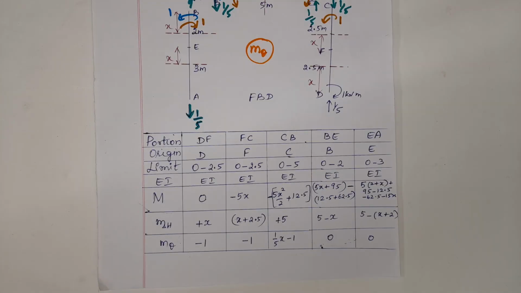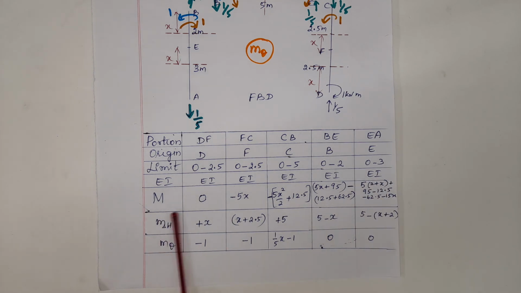This frame is divided into 5 sections based upon the loading. Origin is the starting point of the section considered. It should be the same for capital M, M H and M theta. Limits will be the same only if the sections considered are the same. EI, since it is constant, is written as it is.